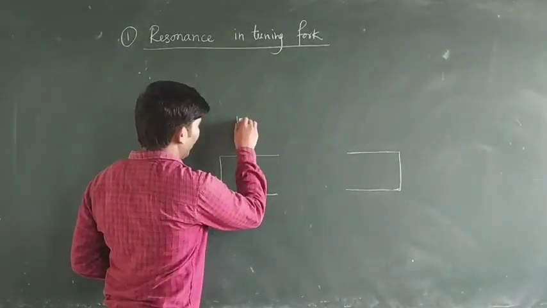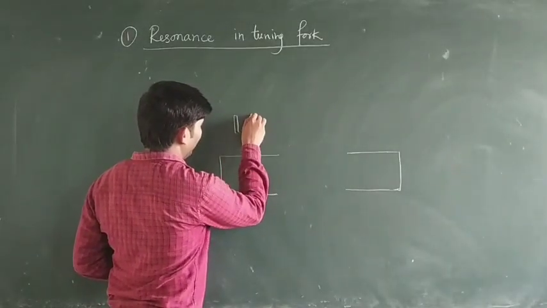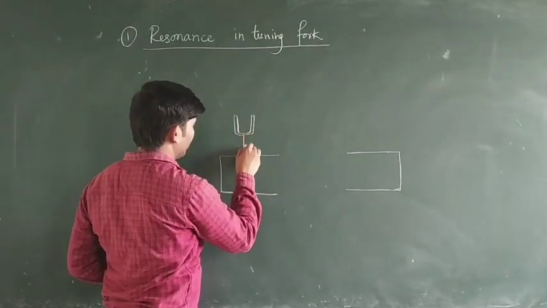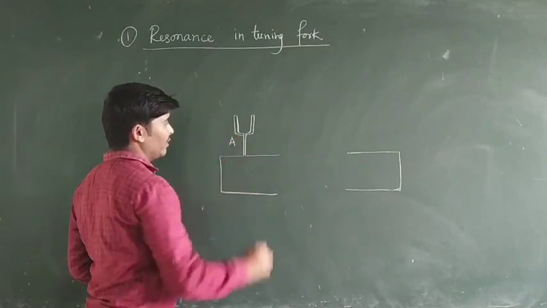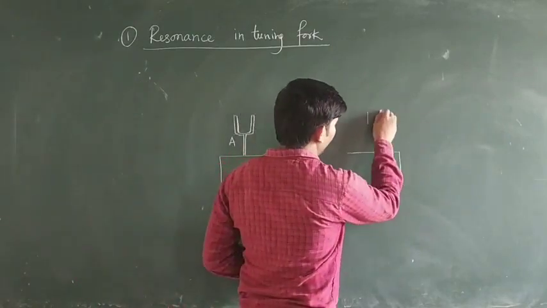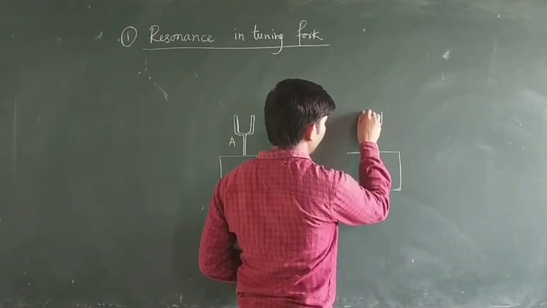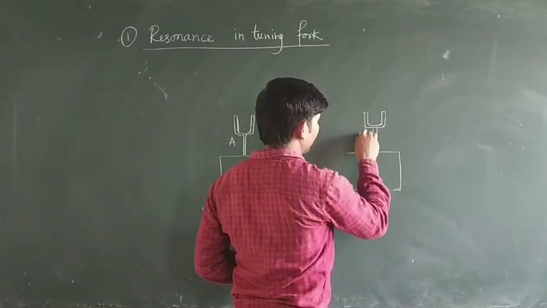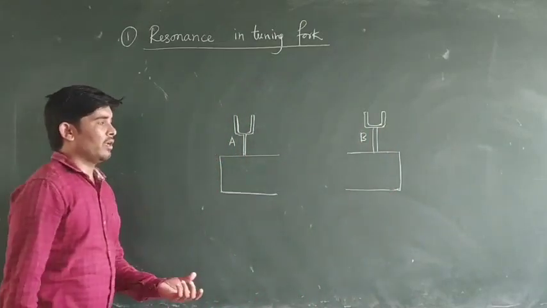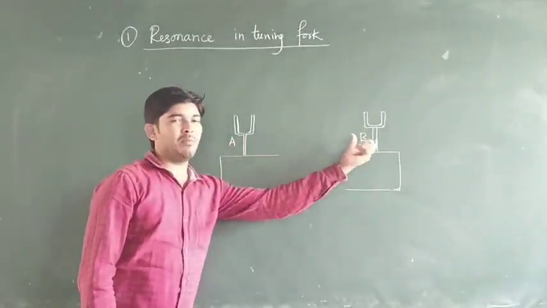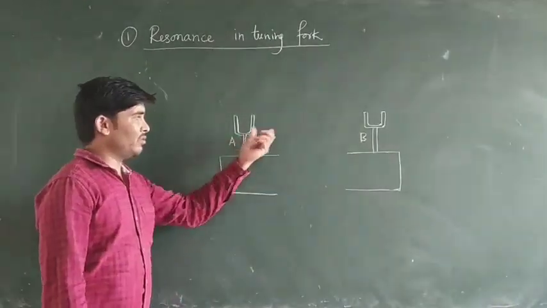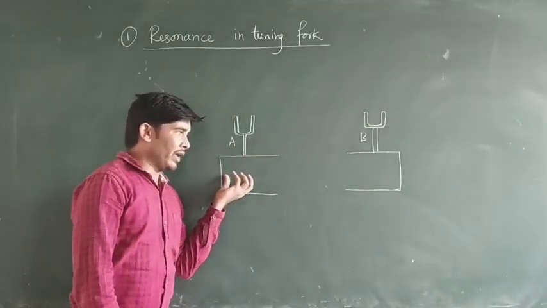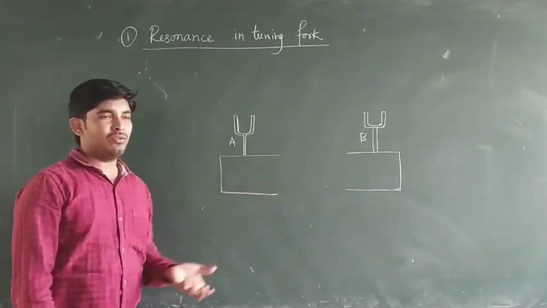One tuning fork is kept on its sound box, that is tuning fork A, and one more tuning fork is kept on its sound box, that is tuning fork B. The frequencies of tuning forks A and B are the same, which means these two tuning forks are identical. Now these two tuning forks are mounted on their respective sound boxes.